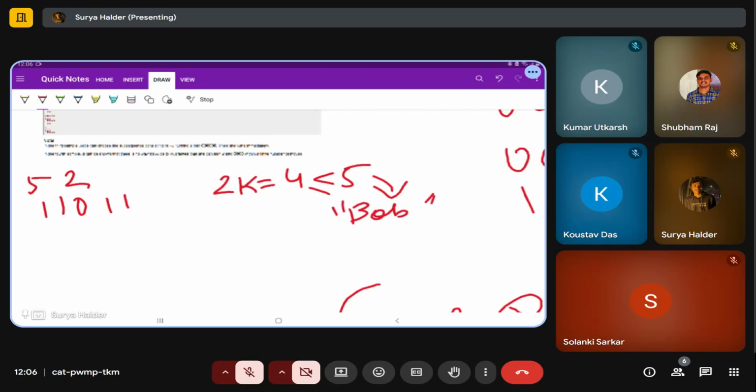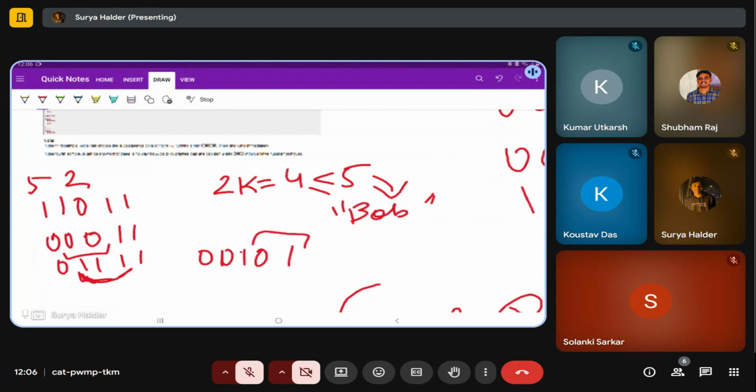How will Bob win? Because at first Alice will be converting any two ones into zeros. Now whenever Bob gets the turn, I will simply convert these two zeros to ones. After that, again Alice's turn, she will convert, suppose, this one and this one to zeros: 0, 1, 0, 0, 1, 0, 1.